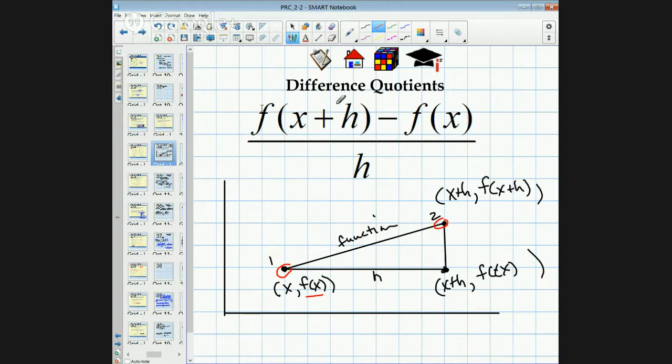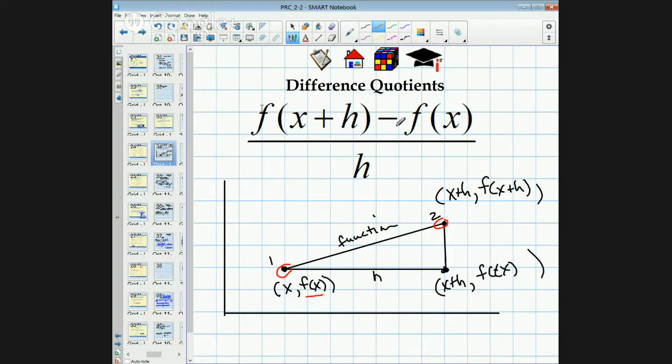F of x plus h. See it up here? F of x plus h minus y1, f of x, over, and now x2 minus x1. What's x plus h minus x? Isn't it h? X plus h subtract x would just put you back at h.